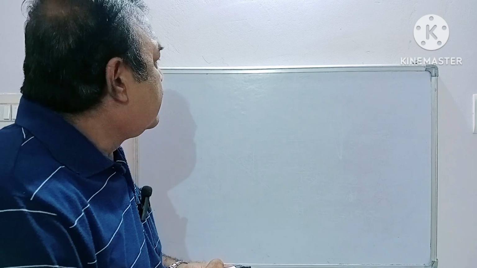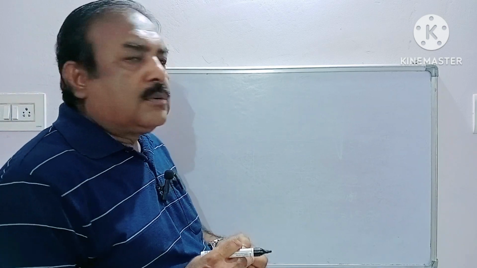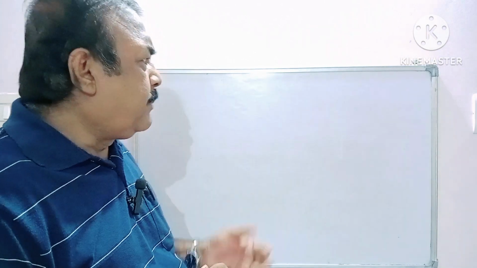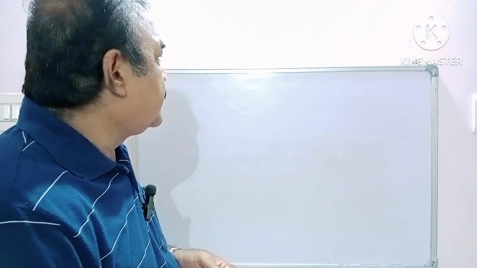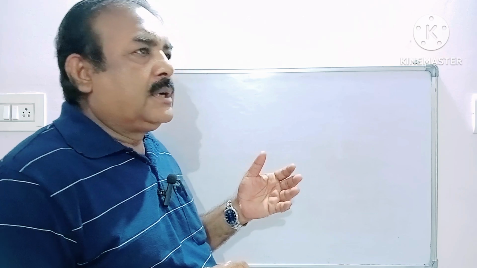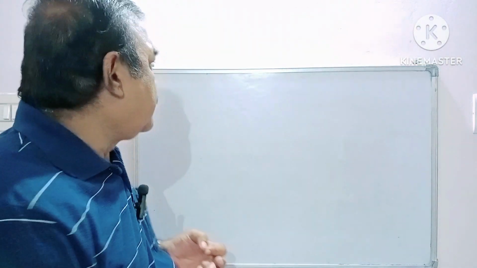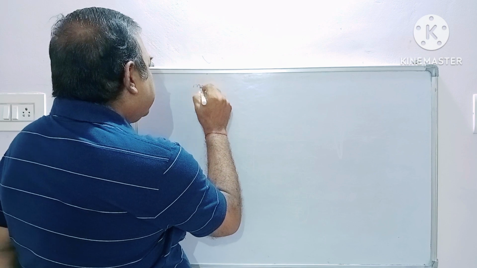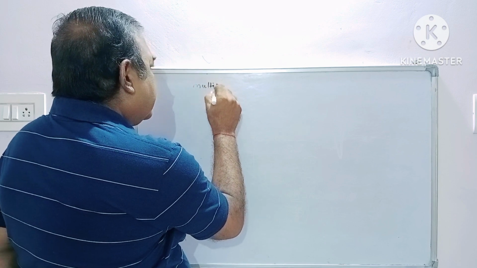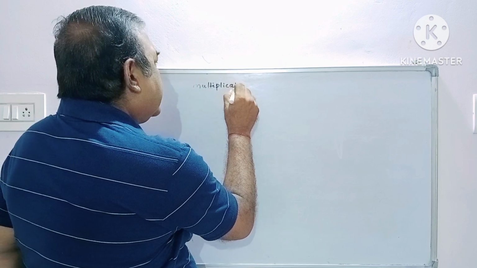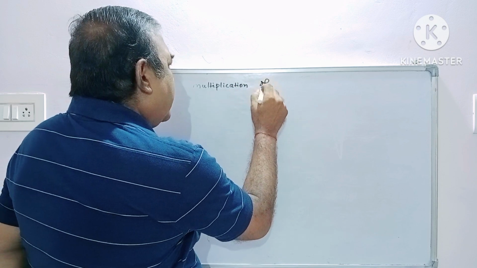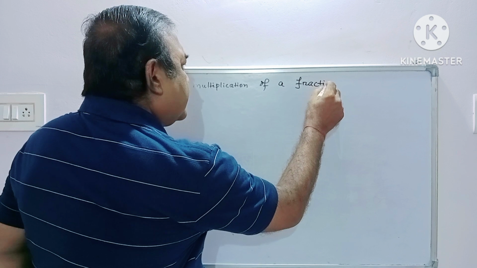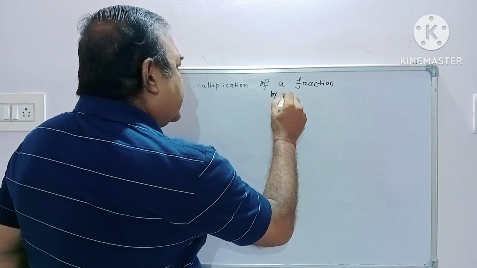Today we work out some problems of the exercise 2.2. But before going to that, we'll just discuss a little bit about multiplication of a fraction by a fraction.